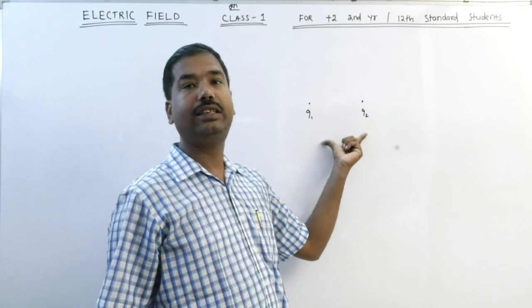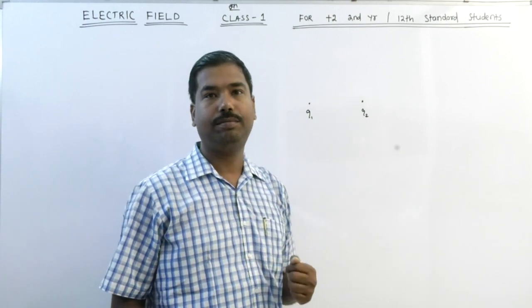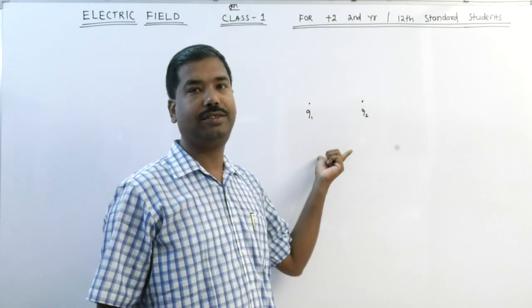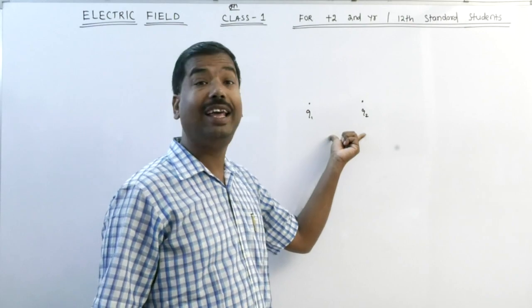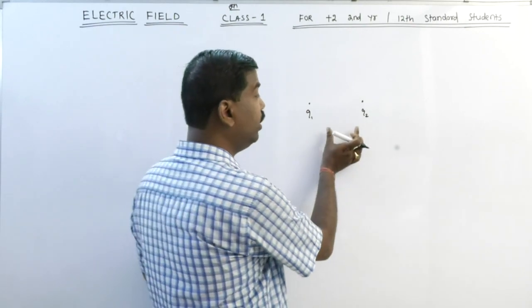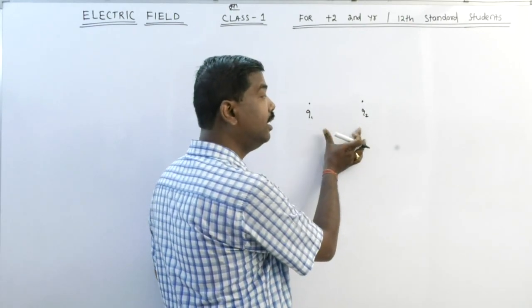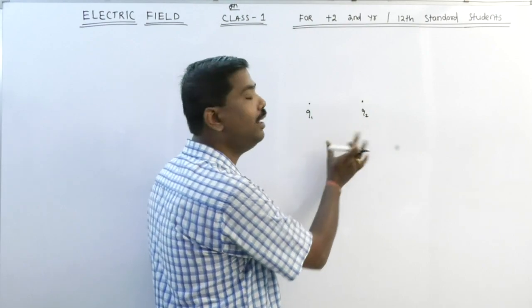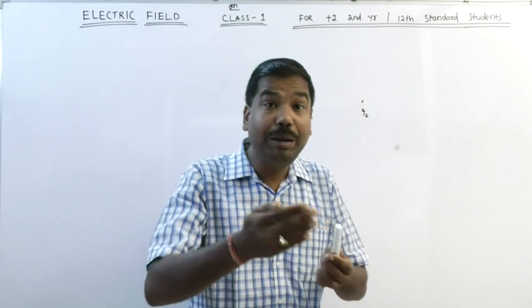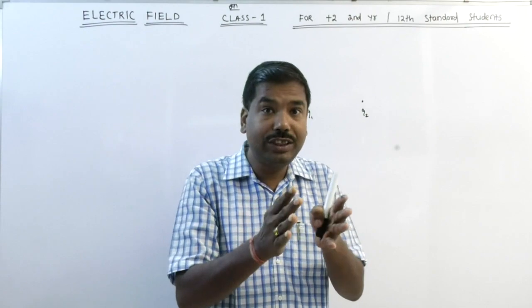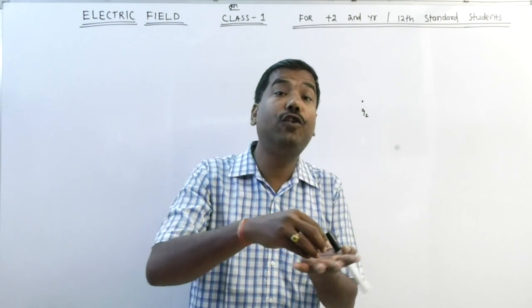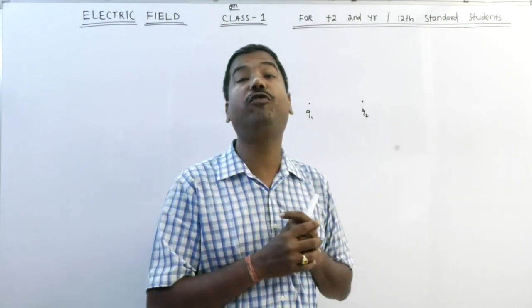They attract each other or they repel each other. Now the question arises: at which distance will they attract or repel each other? What is the minimum distance at which the electrostatic force between the two charges will be influenced?